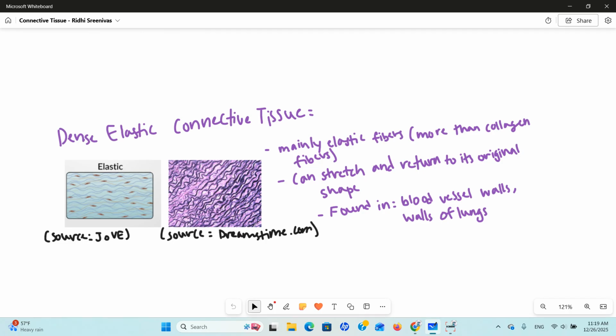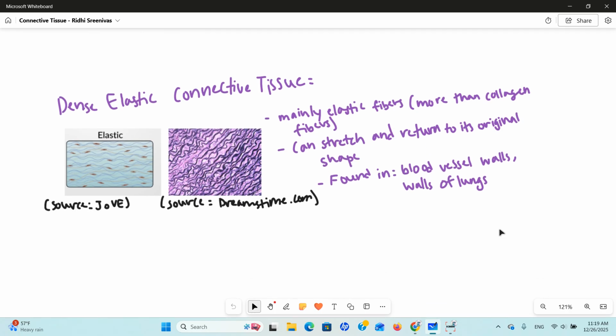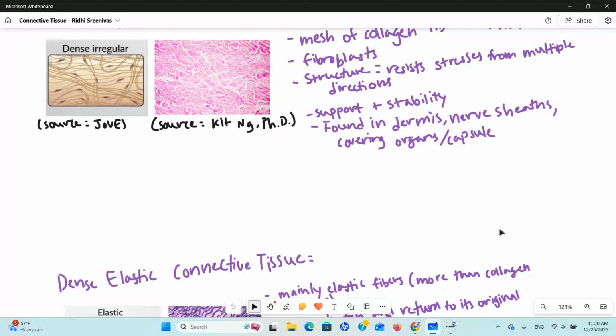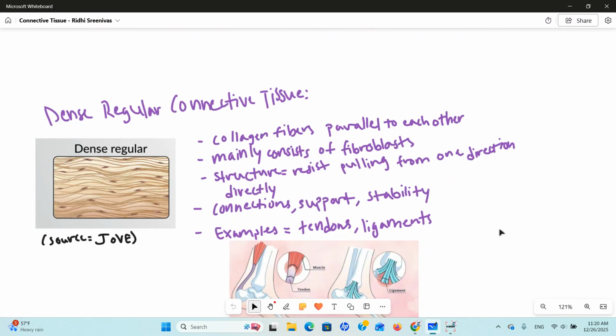And lastly, we're going to look at the specialized type of dense connective tissue called dense elastic connective tissue, which oddly contains mainly elastic fibers, which is kind of unexpected, but it just has more elastic fibers than collagen fibers compared to the other two types that we looked at.